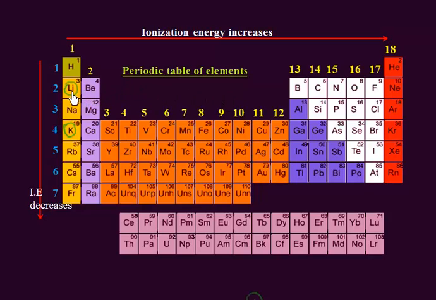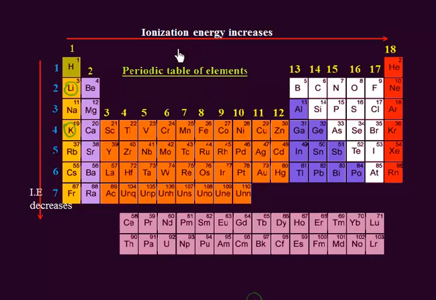It means that the valence electrons in these atoms increases from left to right. And as the valence electrons increases, the nuclear force becomes stronger. It pulls the electrons towards the nucleus more strongly. As a result, the electrons in the outermost cell cannot be removed easily. It requires a lot of energy, and that is why ionization energy of atoms increases from left to right.